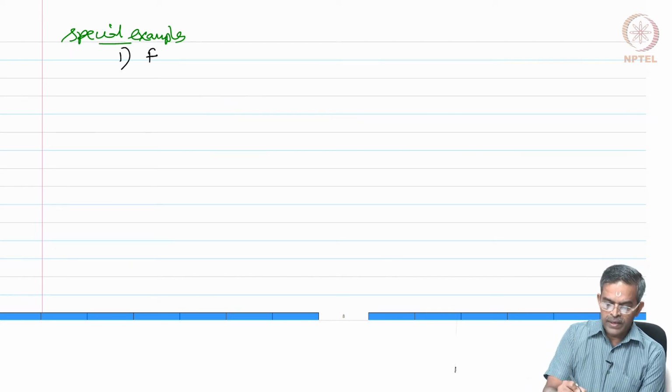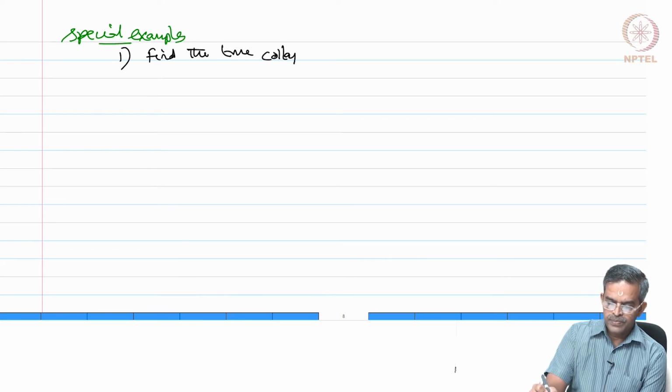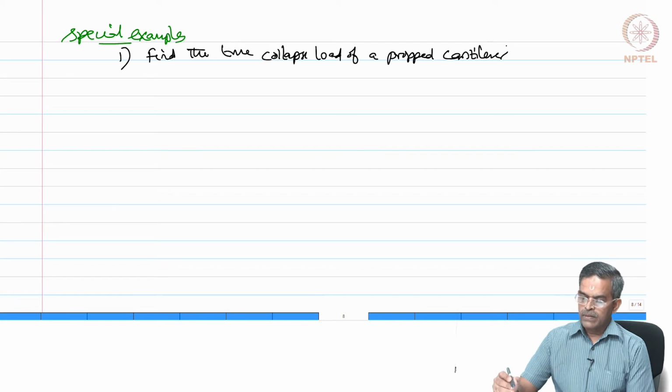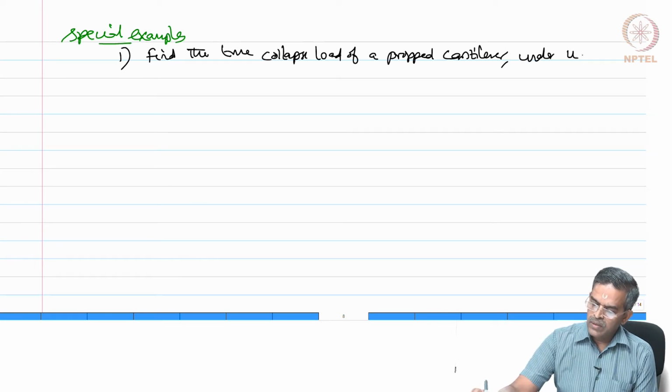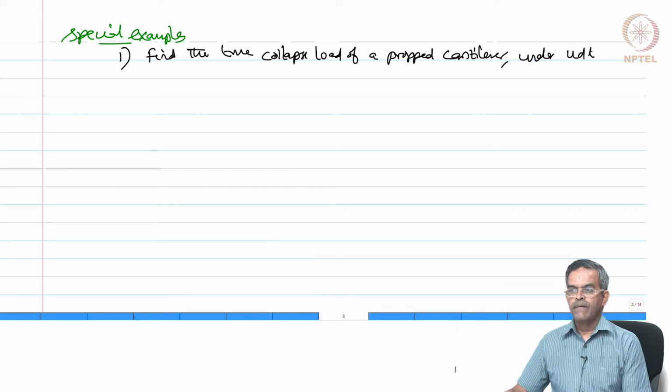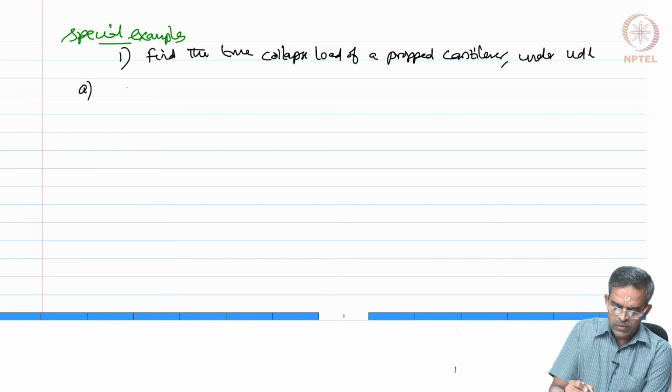Let us say find the true collapse load of a propped cantilever under uniform distributed load. Let us take an example where static theorem is applied. We will choose static theorem now.